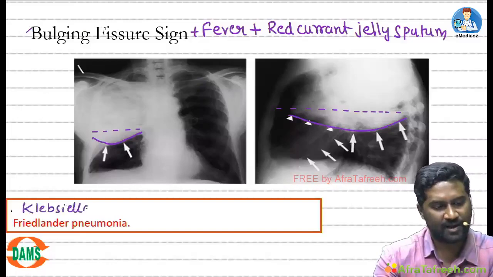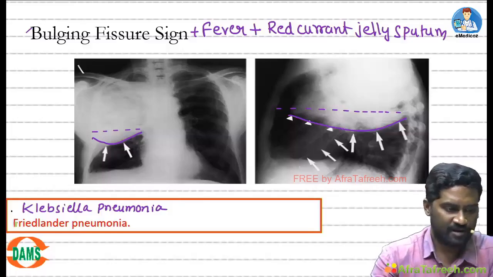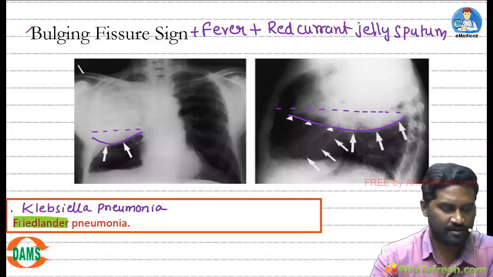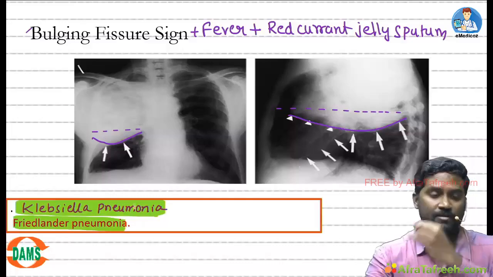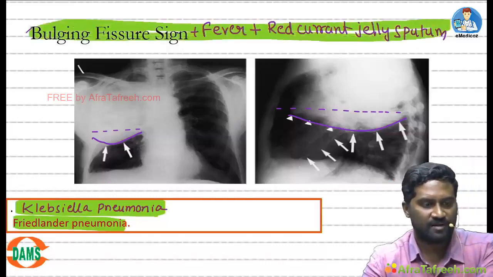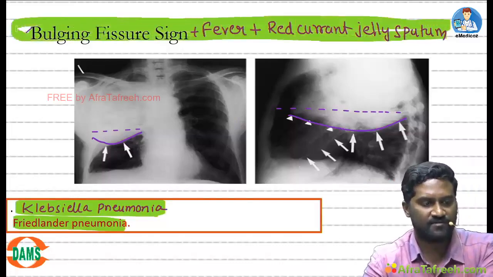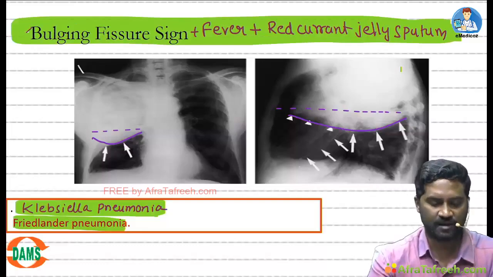It should be Klebsiella pneumonia. What is the other name for Klebsiella? It is called as Friedlander bacilli. Either called as Klebsiella pneumonia or Friedlander pneumonia. Key points are fever, red currant jelly sputum, bulging fissure sign.